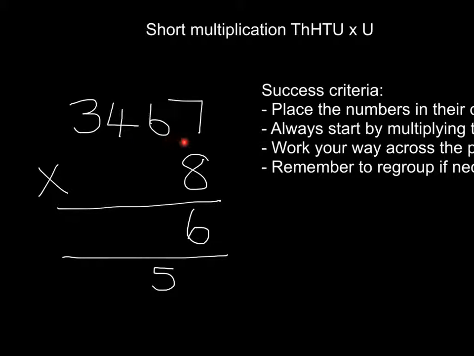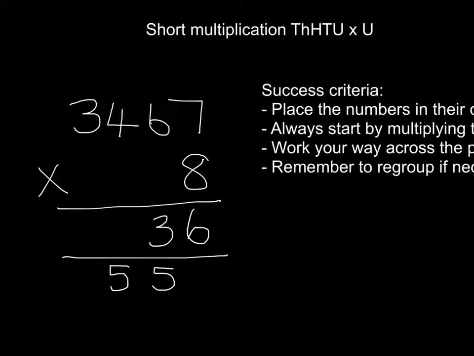Next, we multiply our 6 tens by our 8. That equals 48. We need to remember to add on our 5 tens, which makes 53. Our 50 tens gets placed underneath the hundreds column and then becomes 500s.